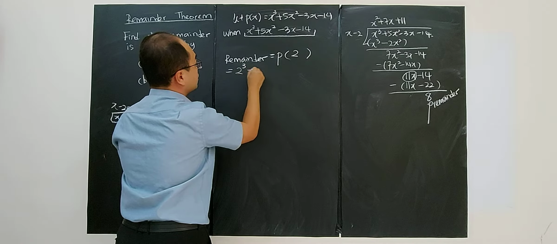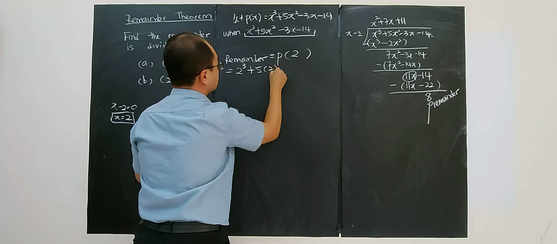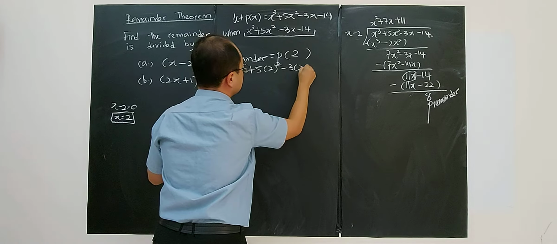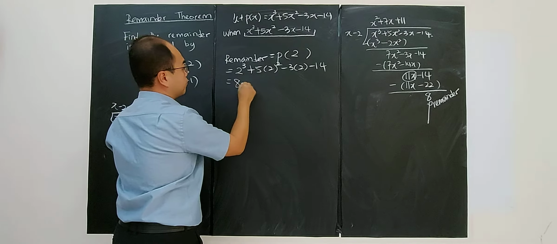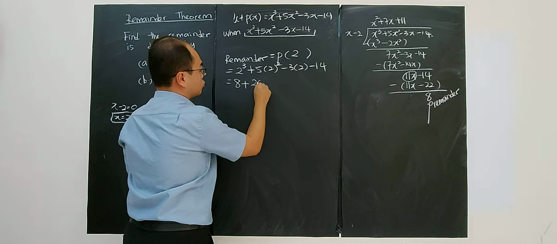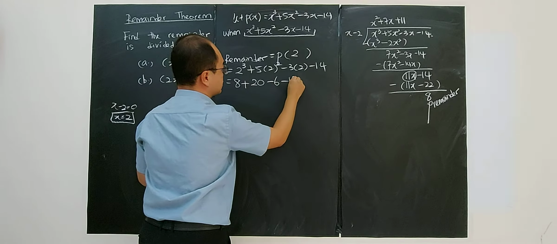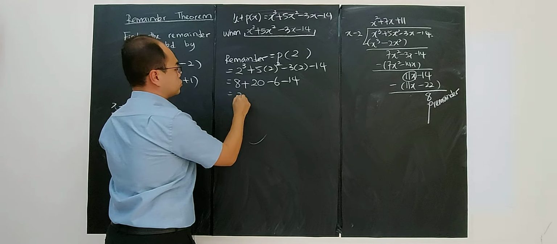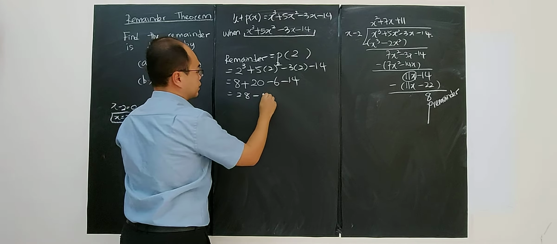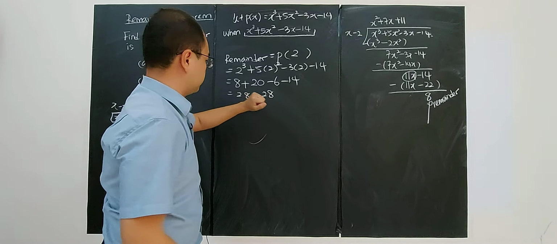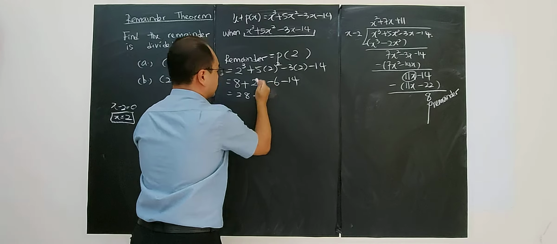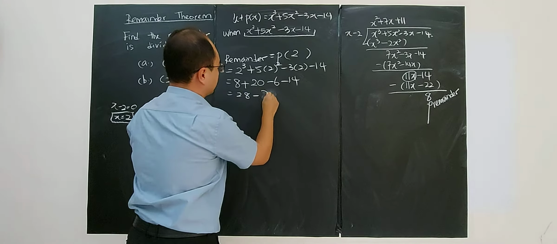2 to the power 3, plus 5 times 2 squared, minus 3 times 2, minus 14. So you have 8 plus 20 minus 6 minus 14.